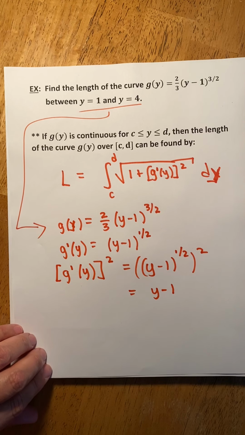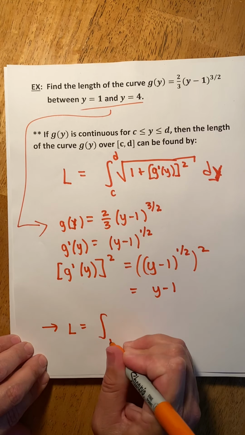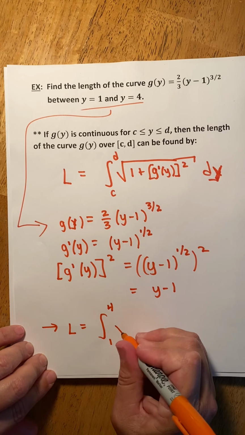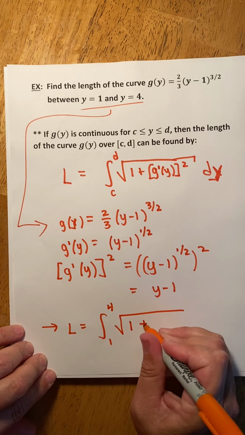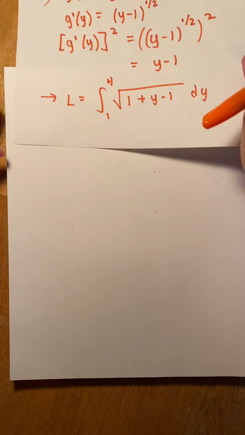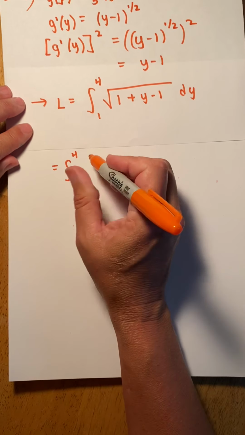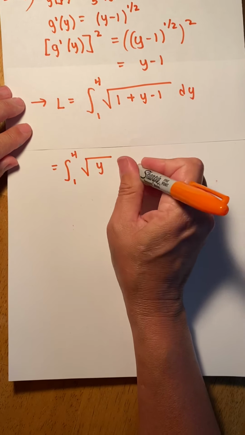So now we're going to integrate. The length is just from 1 to 4 of the square root of 1 plus y minus 1, dy. And look how nice that turned out. 1 to 4, square root of y dy.